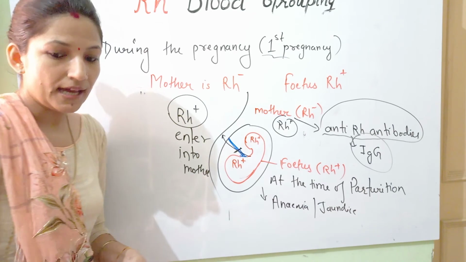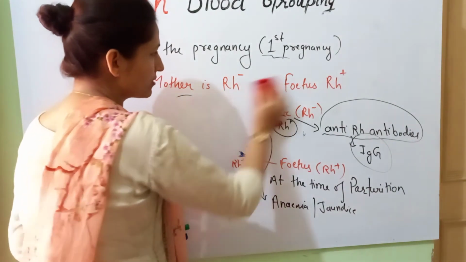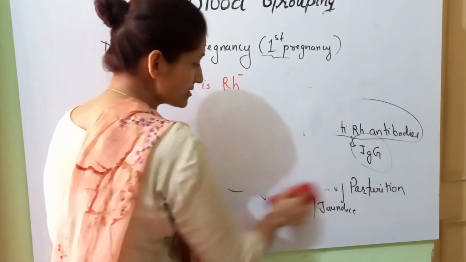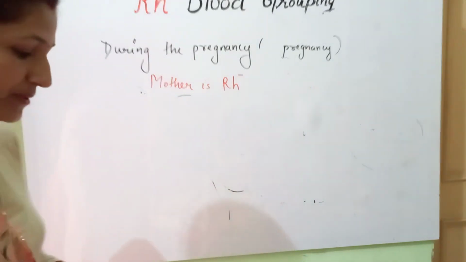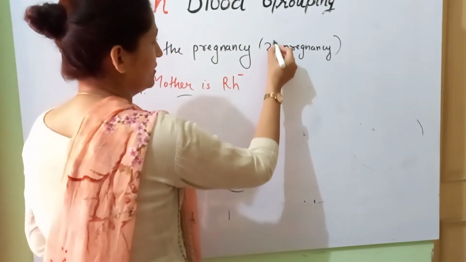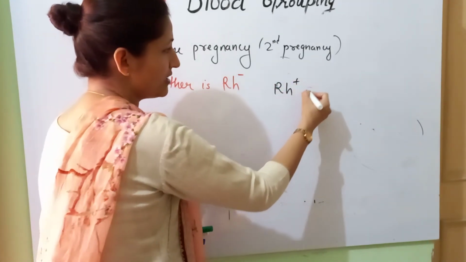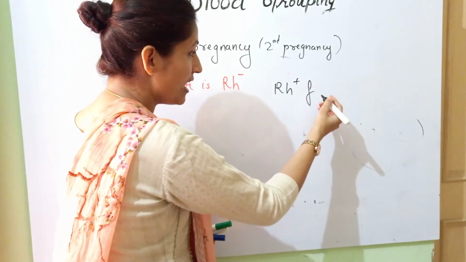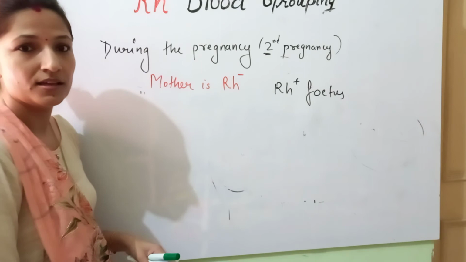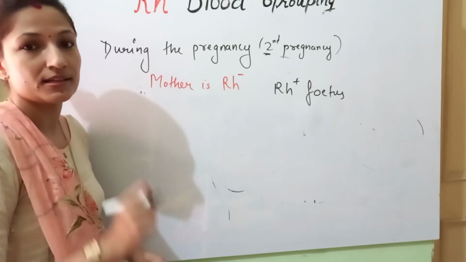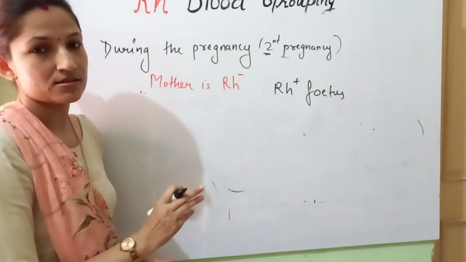Got it? At the time when this same mother conceives the next time, in the second pregnancy, what is going to happen? If the fetus is having Rh positive, it means the Rh factor is present in the fetus, at the time of the second pregnancy that can be death causing, and results in erythroblastosis fetalis.